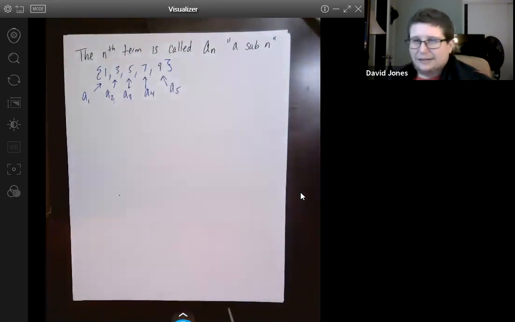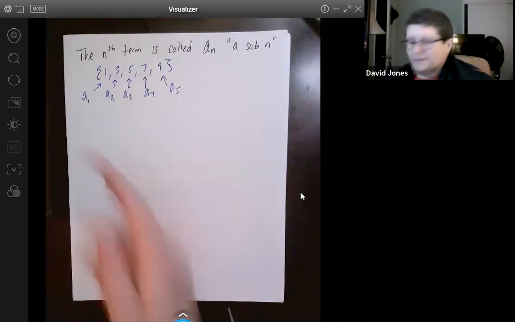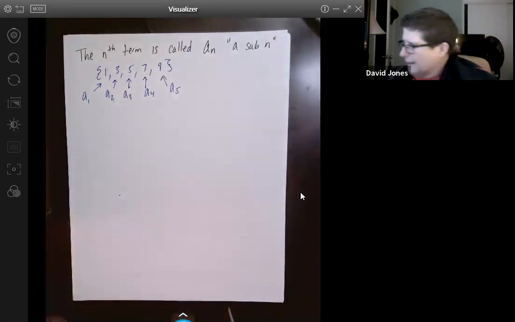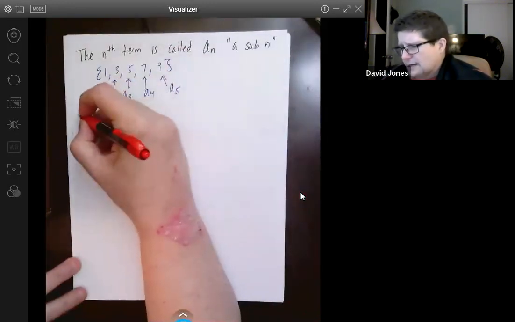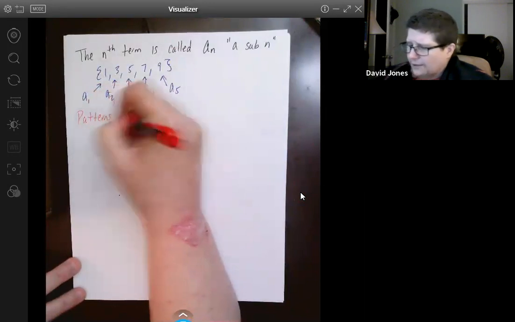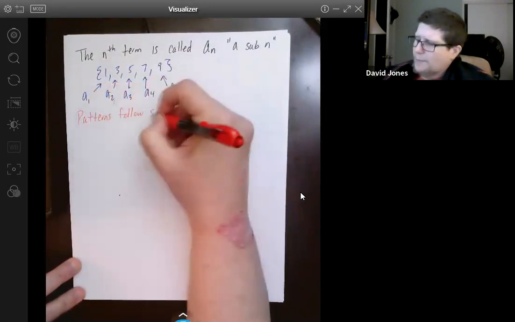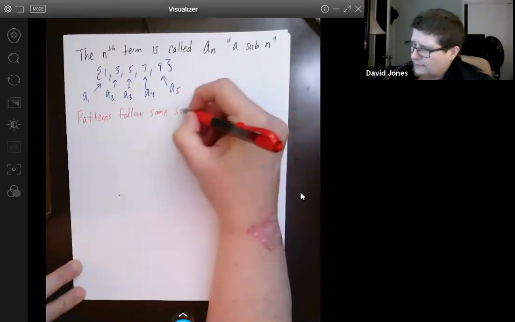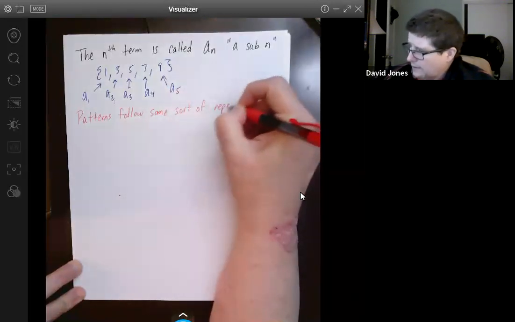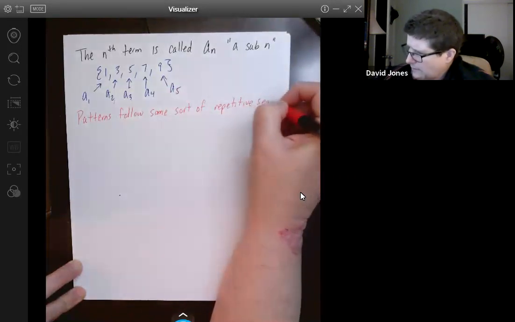So the n isn't necessarily the number that it is in the sequence. It's that many items, n. And this seems to follow some sort of pattern when we can write the pattern in a simpler form. Patterns follow some sort of repetitive sequence, usually, but not necessarily. They don't have to.